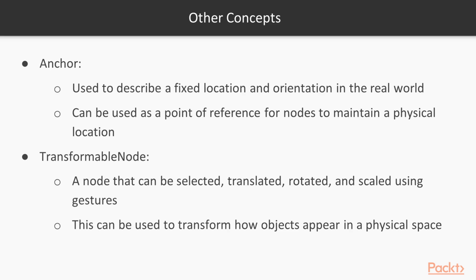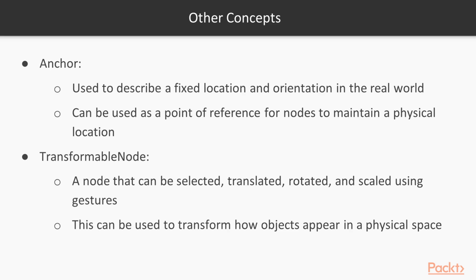An anchor is used to describe a fixed location and orientation in the world. An anchor can be used as a point of reference for nodes to maintain a physical location. A transformable node is a node that can be selected, translated, rotated, and scaled using gestures. This can be used to transform how objects appear in a physical space.